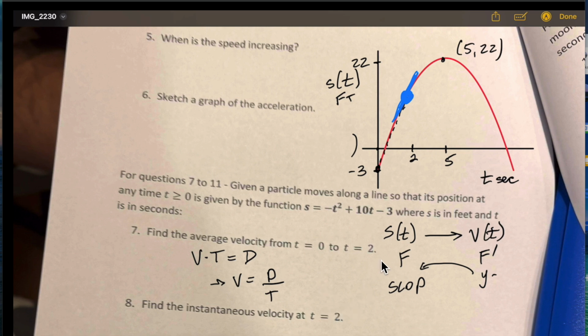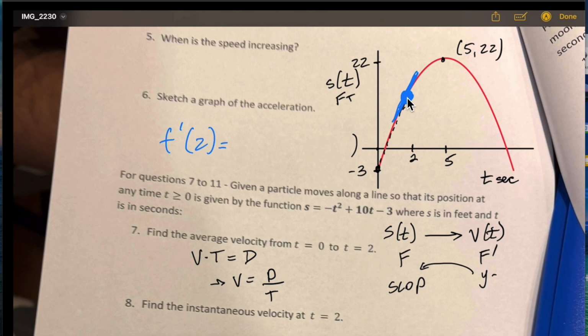Remember, the slope of the f graph gives you the y value of the f prime graph. So the slope right there, the instantaneous slope, can be found by taking the derivative and plugging in the value of 2.